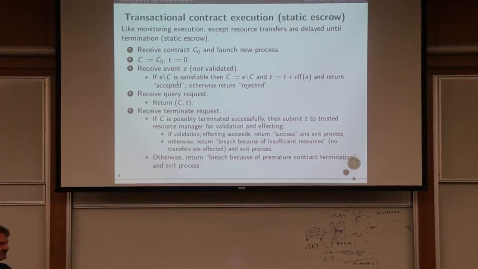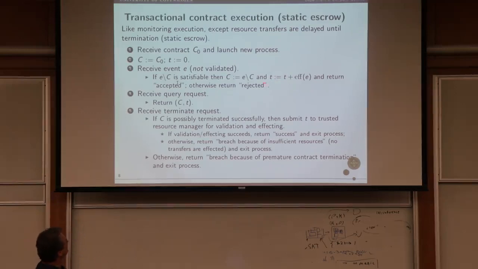So if this says A gives $50 to B, I'll just memorize that. I'm not going to effect it, but I'll remember that now I have an accumulated transfer effect.